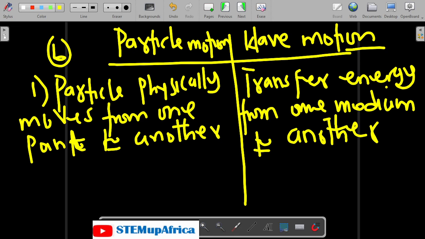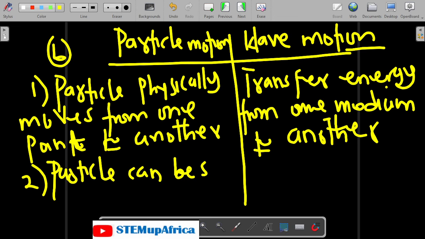There's the second difference. Number two, particles: if you kick your ball, it can be stopped when you apply force. A particle can be stopped by force or energy.